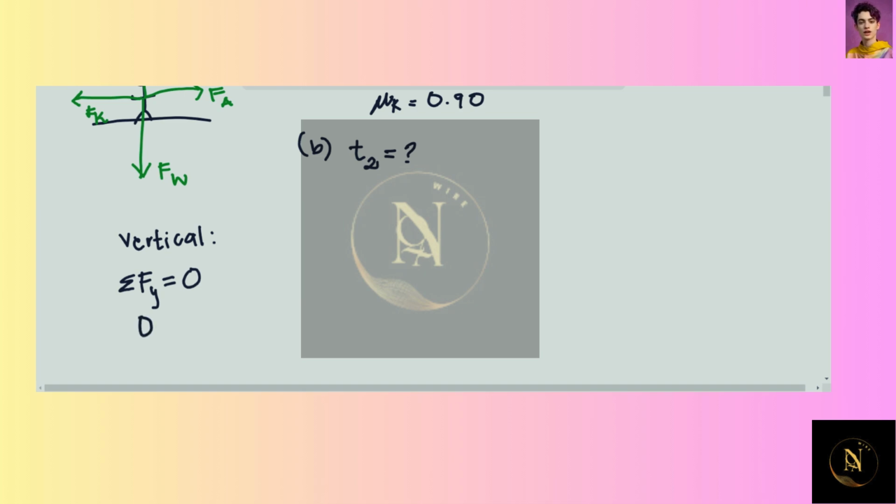In this plane, the forces are the normal force and the weight of the man. We denote the weight as negative since it is opposite the direction of the normal force.